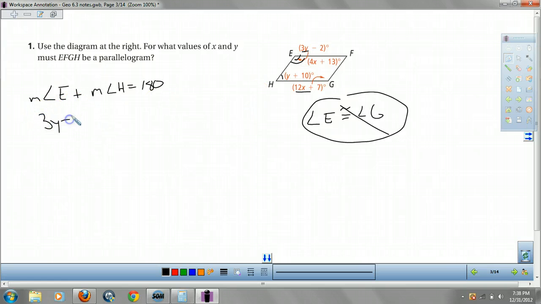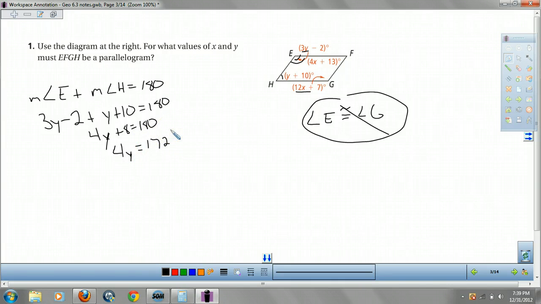So that means 3y minus 2 plus y plus 10 equals 180. 4y plus 8 equals 180. 4y equals 172. And let me use my handy dandy calculator. y equals 43.